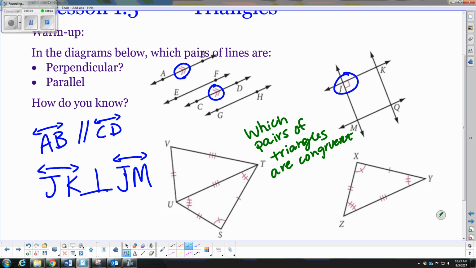So with congruent triangles, we have to line up corresponding sides with corresponding angles.